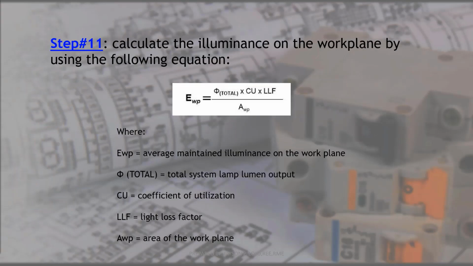Step number 11 is calculate the illuminance on the work plane. So step 10 is how many lumens the lighting fixture gives. Now step 11 is the illuminance on the work plane. So you already get the total system lamp lumen output earlier, then get the CU, LLF, then AWP, area of the work plane.